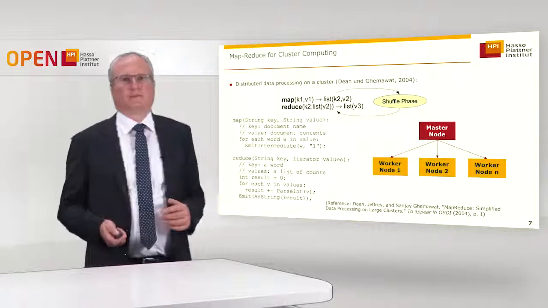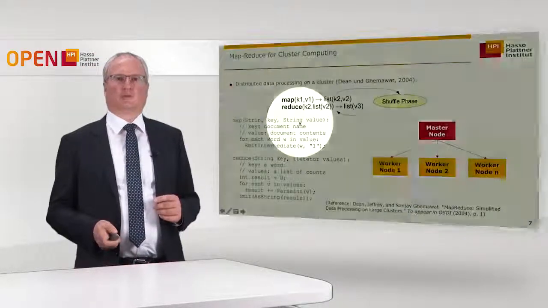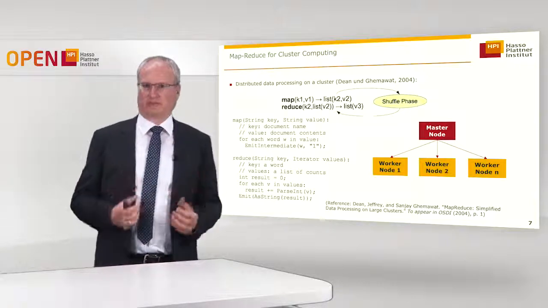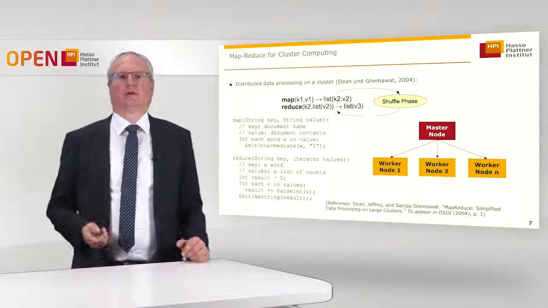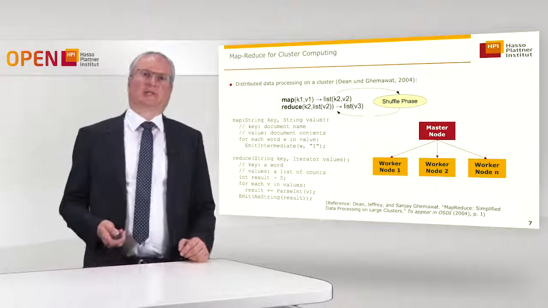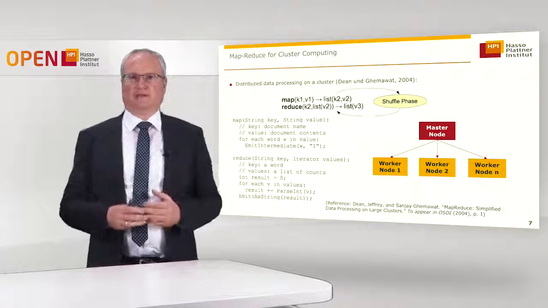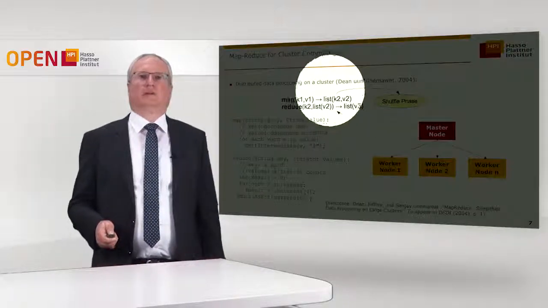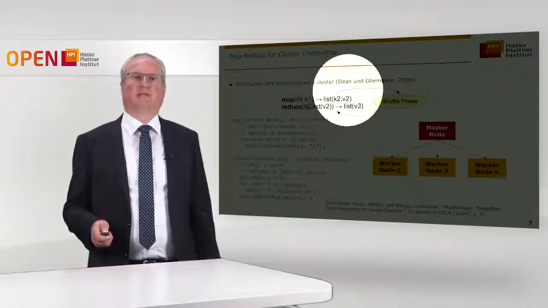This is the example from the paper here, which is basically talking about documents. Think of the question: you want to count the words in a big set of text documents. And you split the text documents on the different worker nodes, and every worker node first starts to count the words that it has in its text on the node, and you get a list of words and the number of occurrences. So this is the key value set.